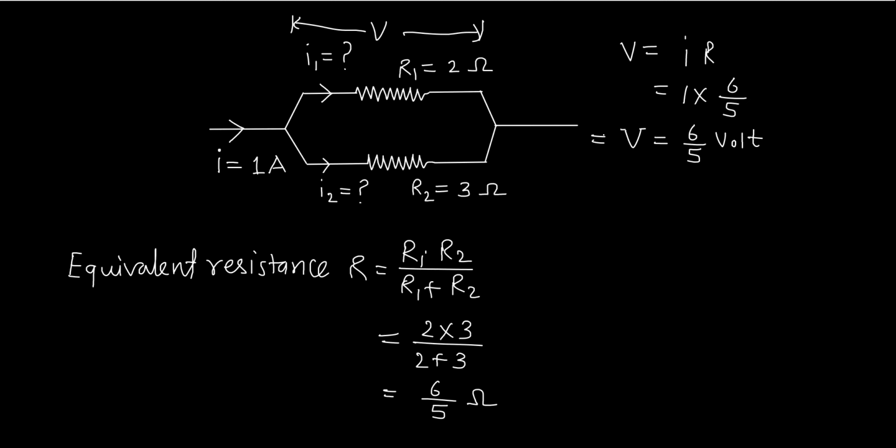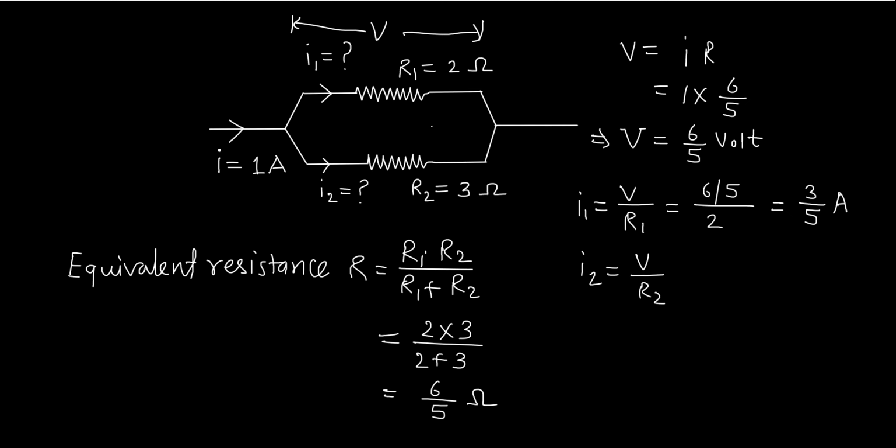Now you know the voltage, so you can calculate current in each branch. Current in the upper branch will be I1 equals total V divided by R1. That means 6 by 5 divided by R1, which is 2 ohm, so this is 3 by 5 ampere. And current in the lower branch will be I2 equal to V upon R2. V will be the same for both resistances because they are connected in parallel.